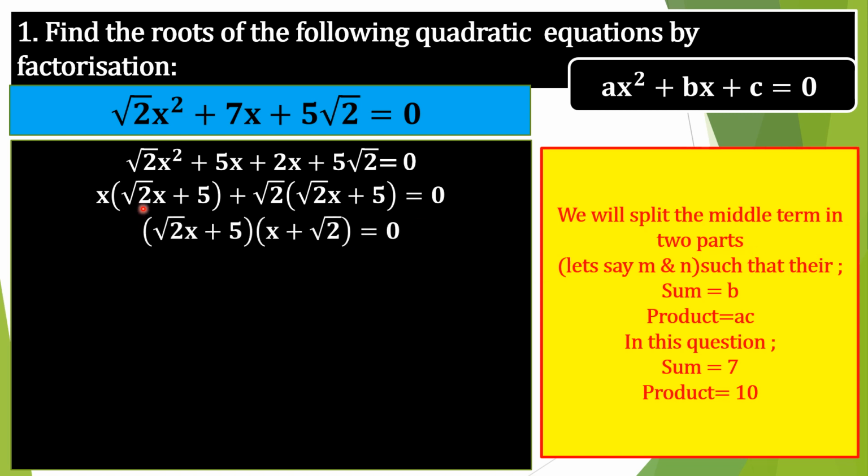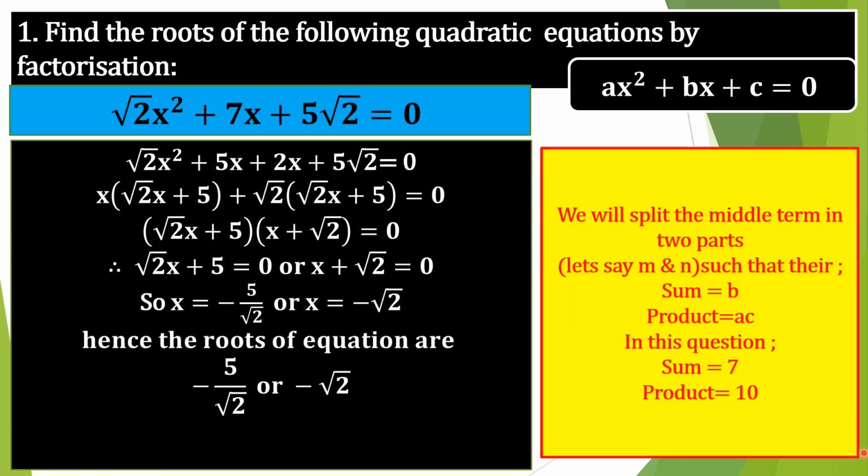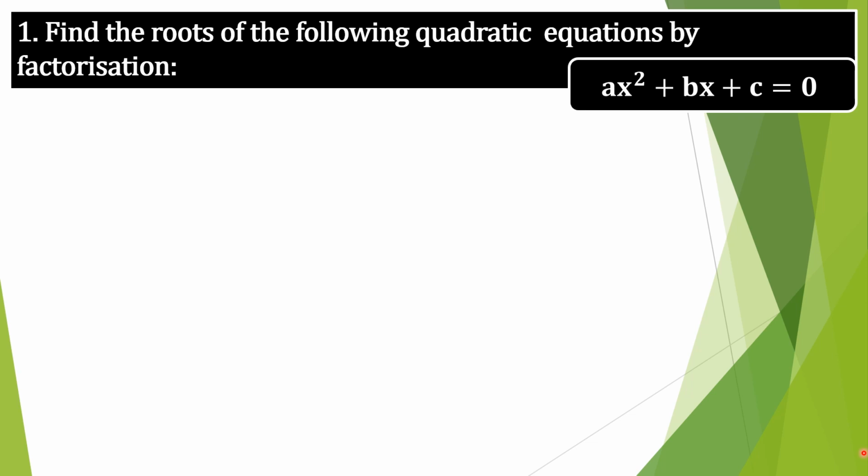Then under 2x plus 5 is common in both terms. We are left with x plus under root 2. Either of them should be equal to 0, which gives us x is equal to minus 5 upon under root 2 or minus under root 2. These are the two roots of the equation.